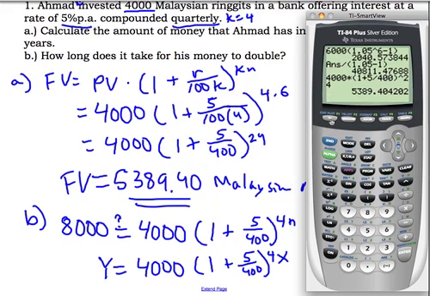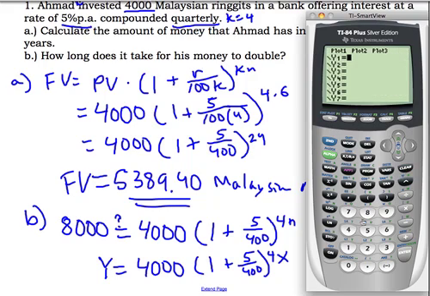So we're going to type that in now. 4,000 times 1 plus 5 divided by 400. Power of, now be very careful here, you have to put that 4x in brackets. I made a mistake earlier and didn't do that, and I got all the wrong answers. So that has to be in brackets.